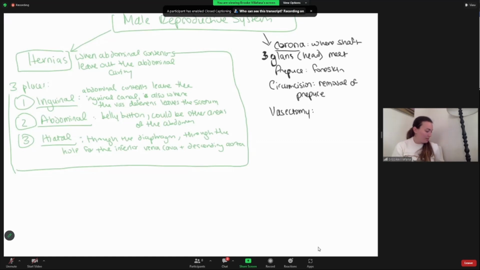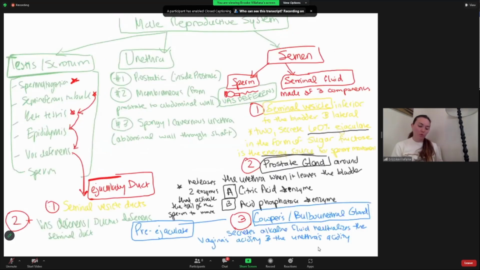Vasectomy, we already kind of talked about this. A vasectomy doesn't remove, it ties off the vas deferens so that sperm supply is cut off. Ejaculation would still happen because the majority of ejaculate is seminal fluid.